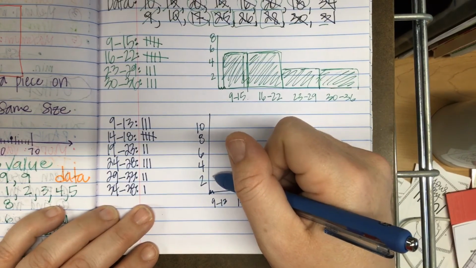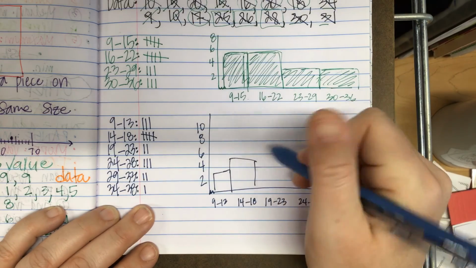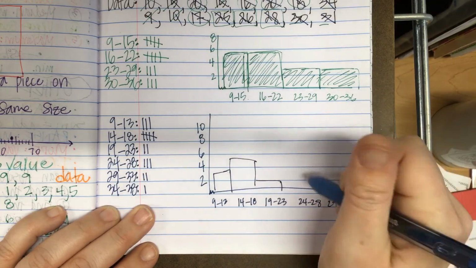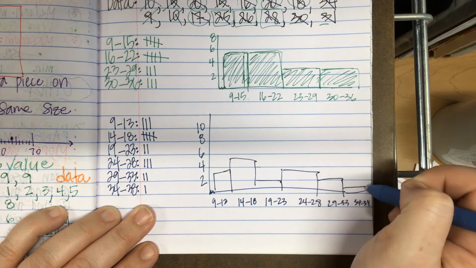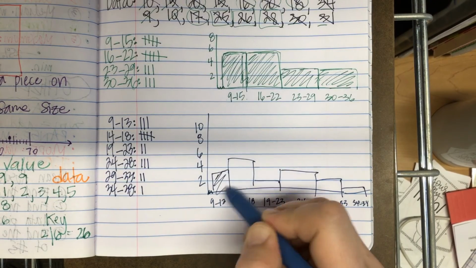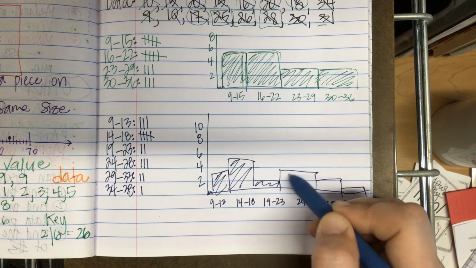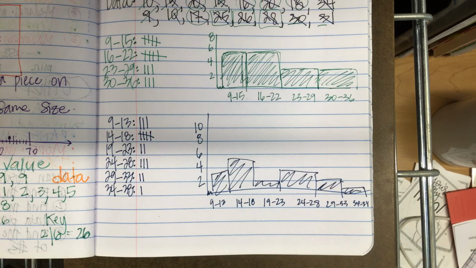So I've got 3, then I go up to 5, then I go down to 2, I go back up to 3, I go back down to 2, and then I go to 1. I mean, it's the same data. I just changed the way it looks.